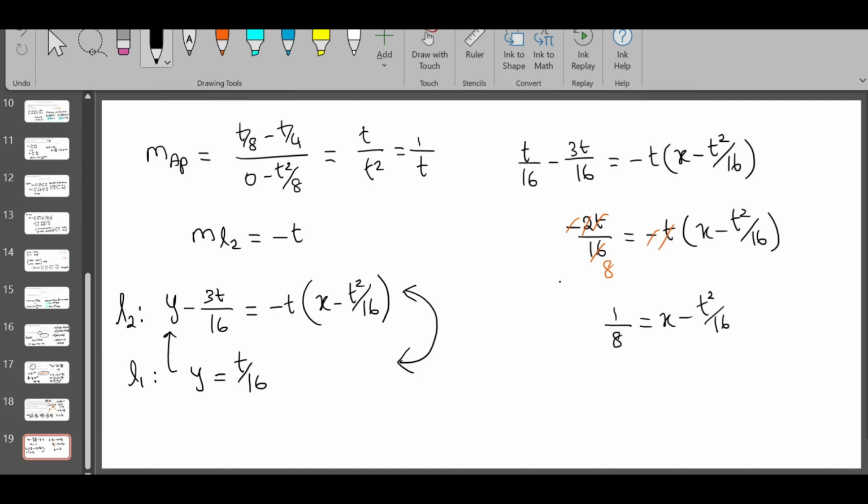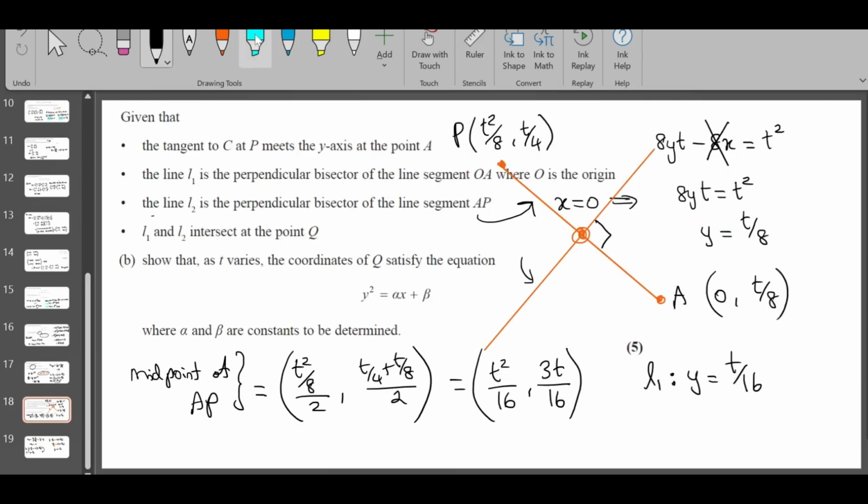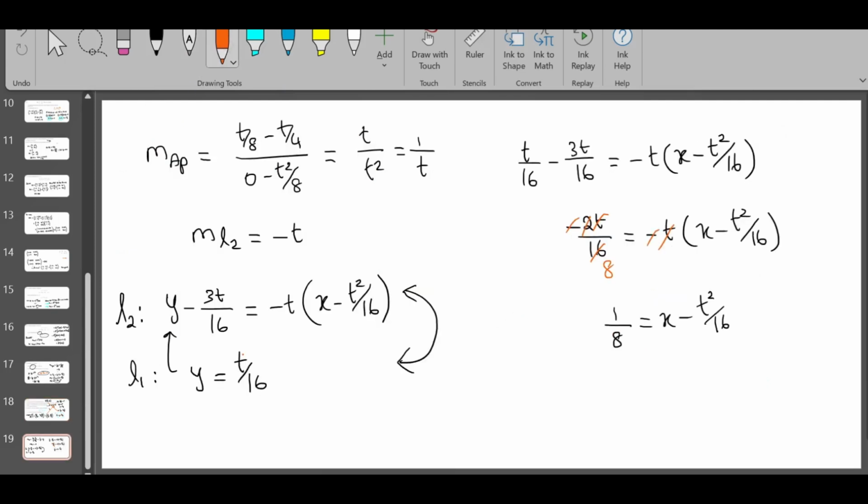Okay. But what are we trying to prove here? We have to prove y square is equal to alpha x plus beta, where alpha and beta are constants. There is no t in there. So from here we can make t the subject and sub in there. From equation 1, L1, y is equal to t over 16.